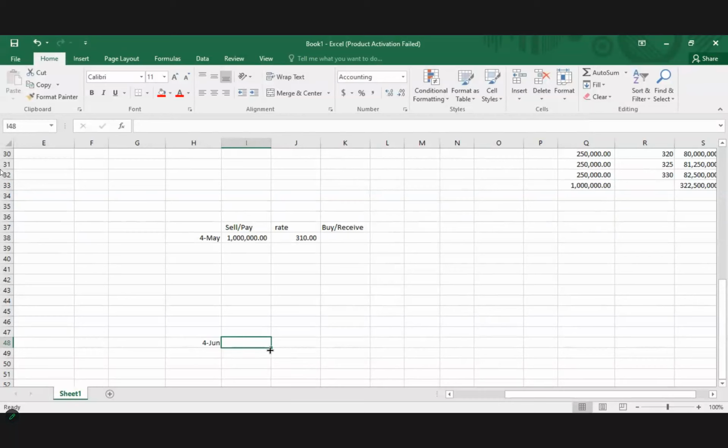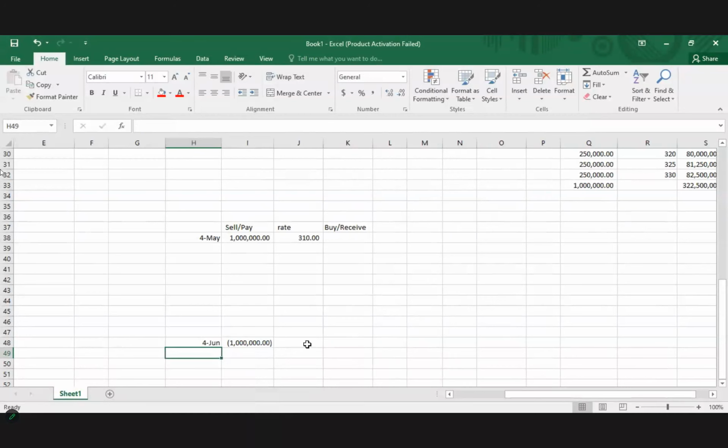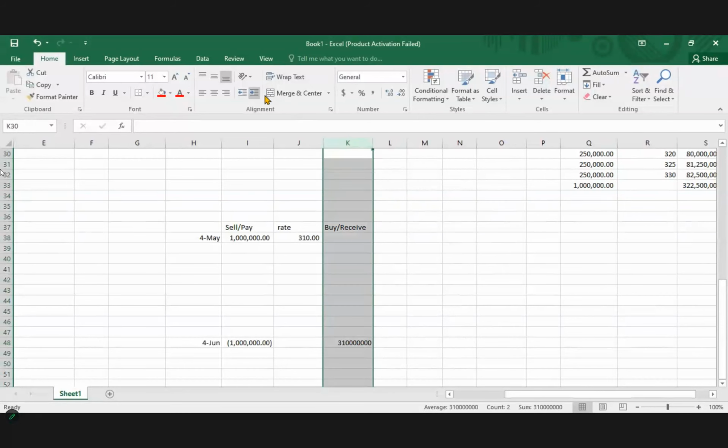So on 4th of June, what happens is $1 million will go from me, right? And I will receive 310 million rupees.